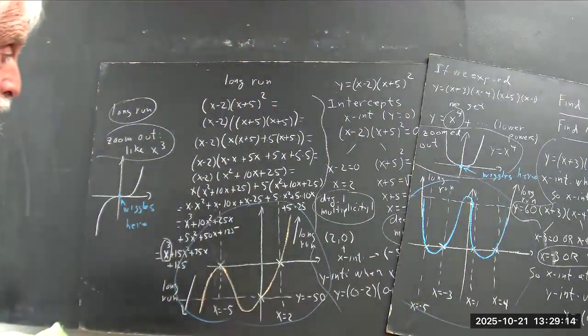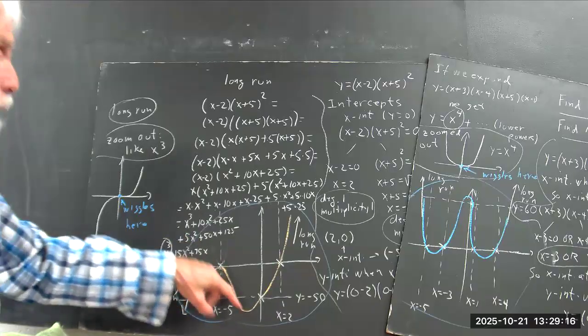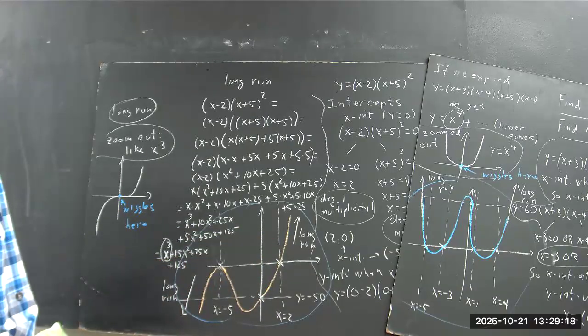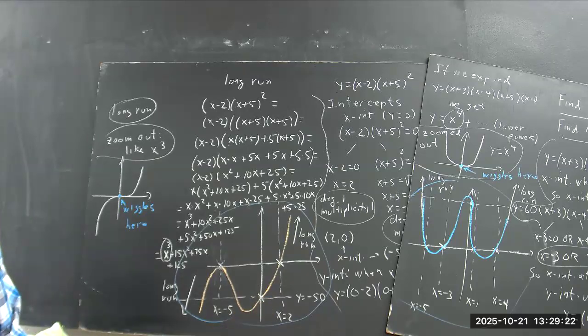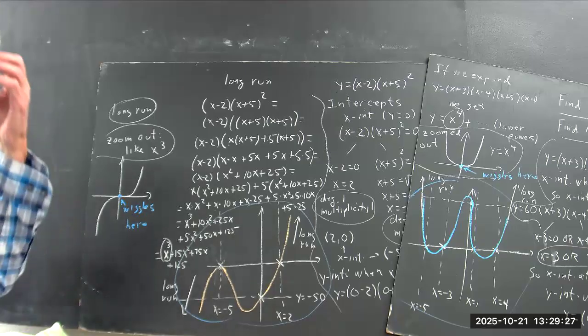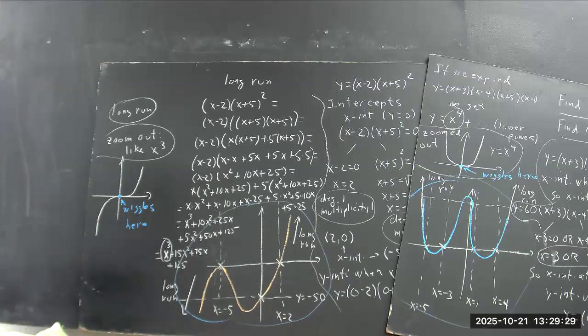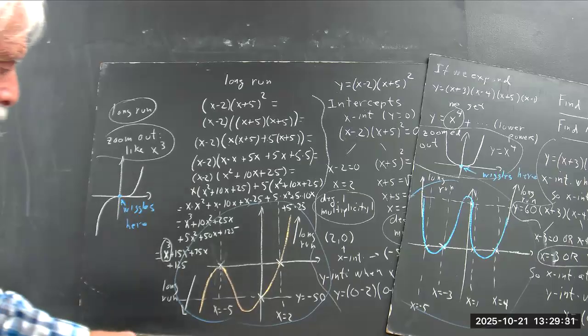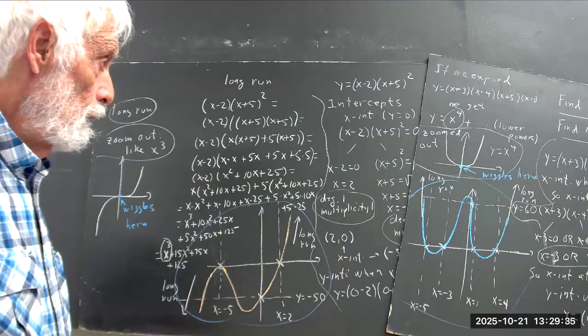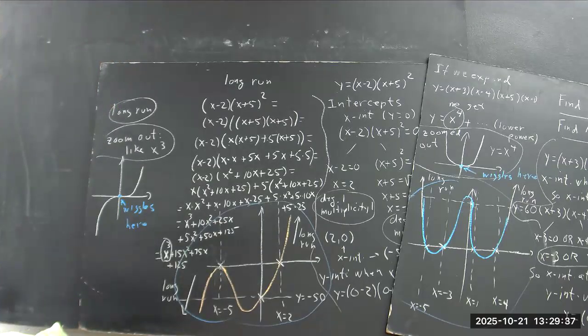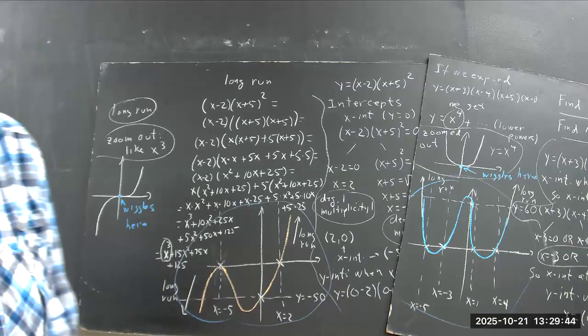You can have at most 2 wiggles, 2 turning points for degree 3. Open math tells you that very clearly. That's kind of the core of what you need to understand about polynomials.